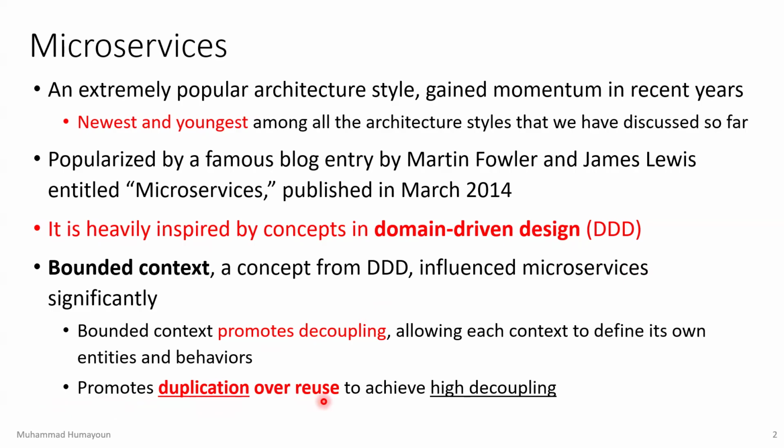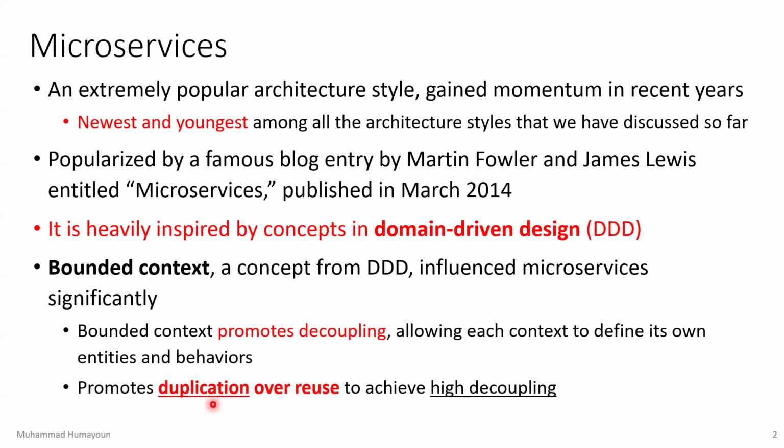So it's really important. For instance, if we look at the service-oriented architectural style that we studied before, it focused on reuse as much as we can, because of the time that architectural style was developed. But microservices, the latest architectural style that we have today, advocates duplication over reuse.